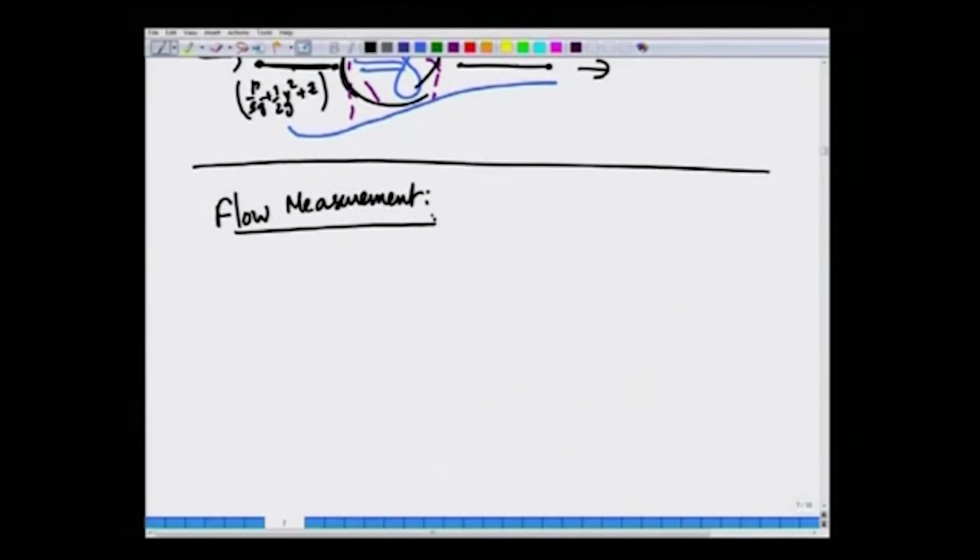So, the question that we are going to ask is, in an industrial setting where you have complex networks of pipelines going here and there, how can you measure the flow in line? Okay. One obvious way to measure a flow is, of course, to collect the water at the exit of the pipe and measure the volume of the water for a given amount of time, and that gives you a sense of the volumetric flow rate in the network of pipes.